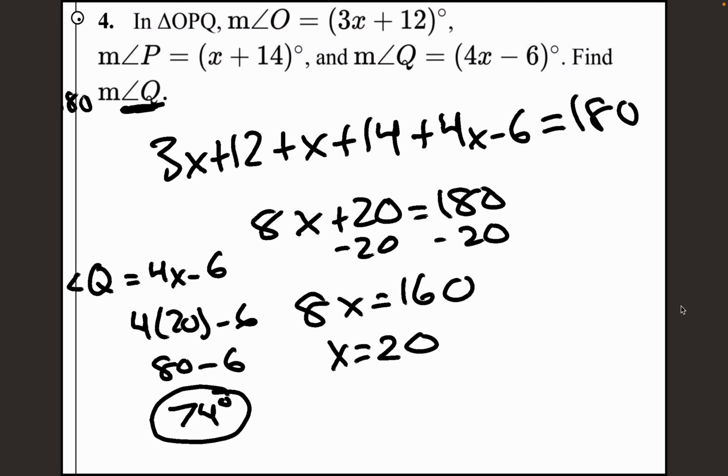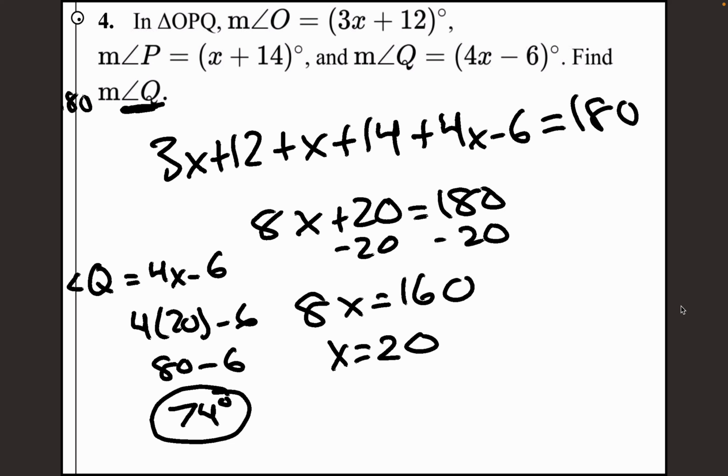All right. Go quick, because we're about to move on to the back, and that one's a little more difficult. Here's going to be number 4. You should have had 74 degrees. Keep working that one out and you're going to get that answer. Any questions about number 4?